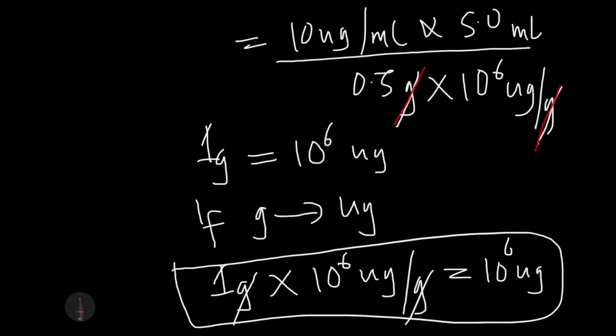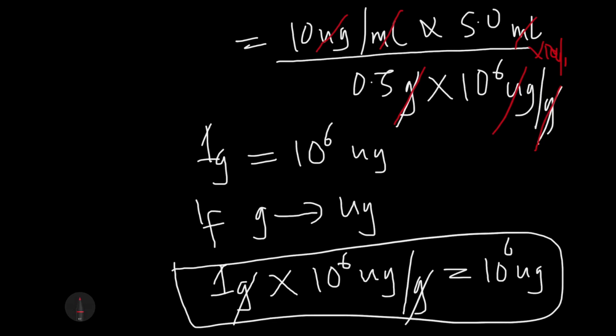On top, the millimeters will cancel with the millimeters. Then the remaining microgram will cancel with this microgram. Then don't forget that here we've got times 100%, so our final value for the limit will be in percentage.